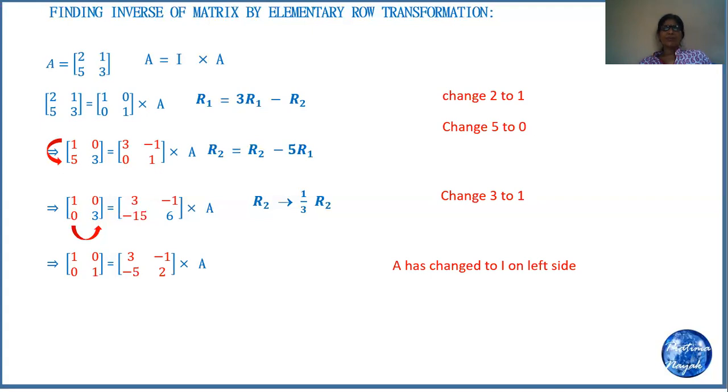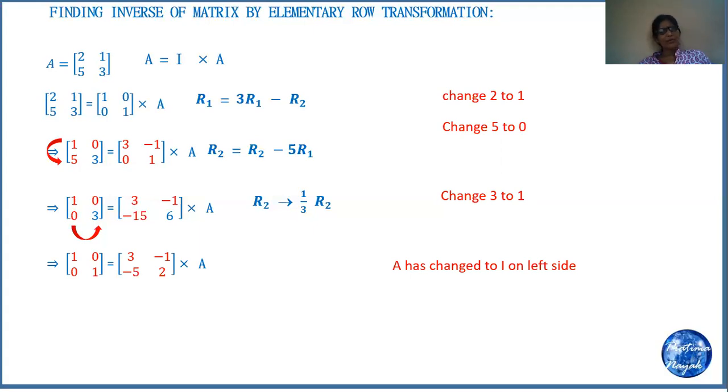And what you have to keep in mind is that whatever operation you are writing, same you have to do for the whole element of that row, R1 or R2. So after getting identity matrix on the left side, our job is finished.